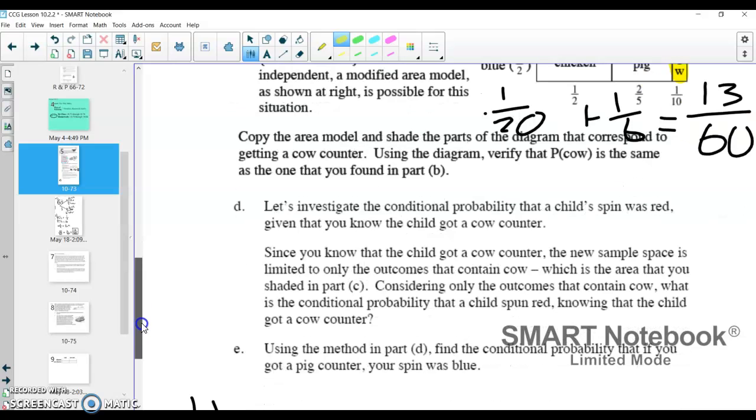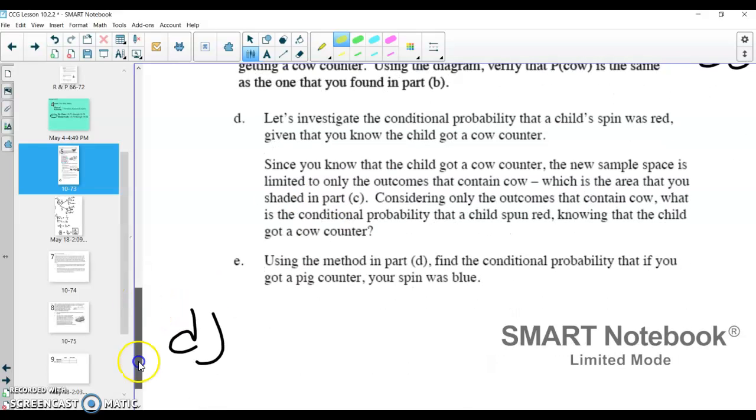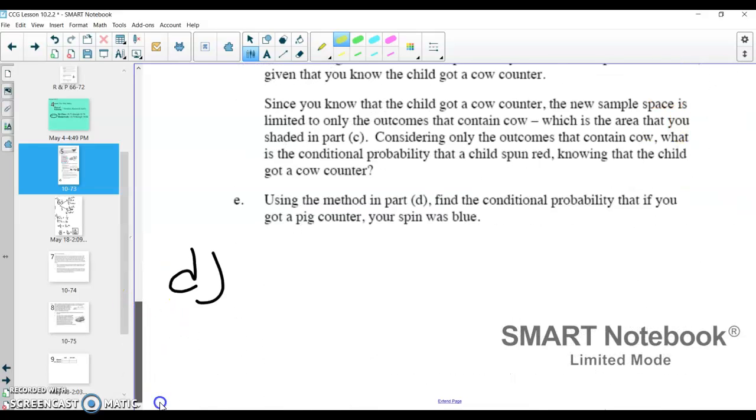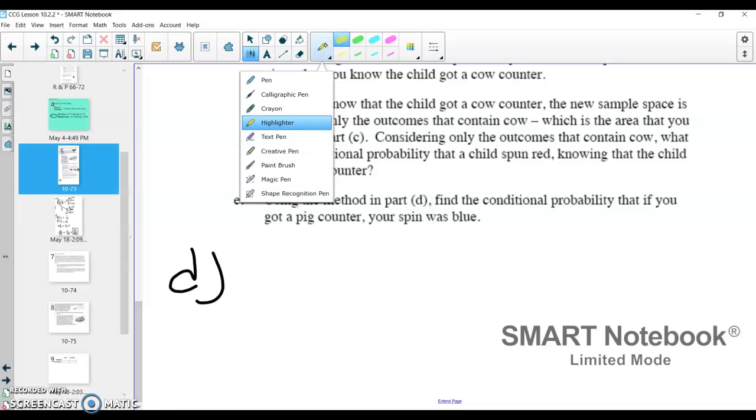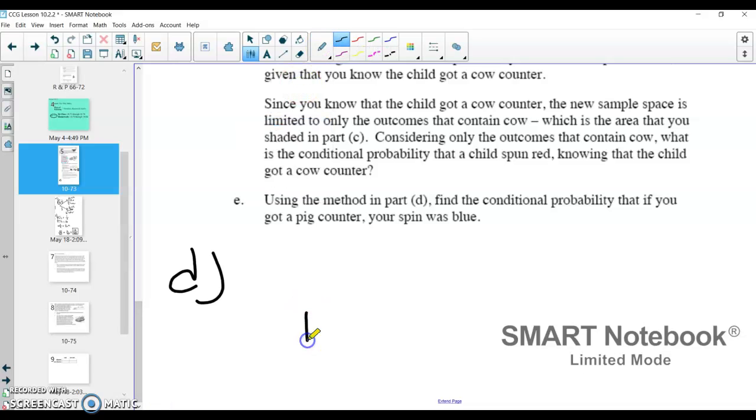What we're going to do for conditional probability is take our whole sample space, the total chance of getting cow, and then put the chance of the specific red cow above it. So our total probability for getting a cow is 13/60. You have a 13 in 60 chance that it's going to be cow.